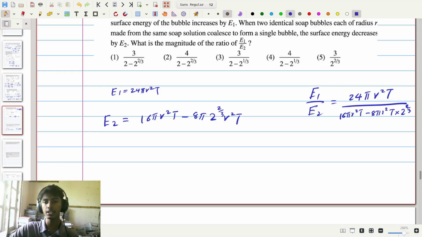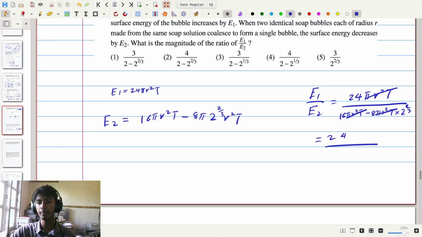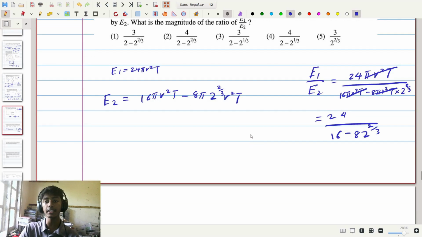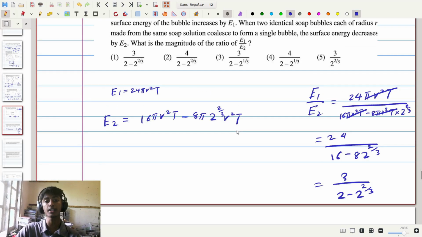And now we can see pi r squared T can be divided from everything, and we're left with 24 divided by 16 minus 8 times 2 to the power of 2 over 3. And if we divide everything by 8 again, we'll get on top 3 divided by 2 minus 2 to the power of 2 over 3. And therefore the intended answer here is 3 divided by 2 minus 2 to the power of 2 over 3.